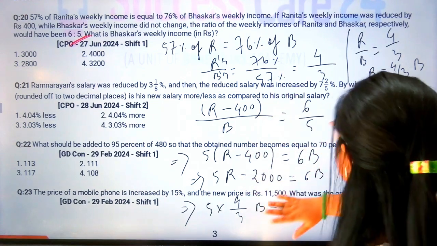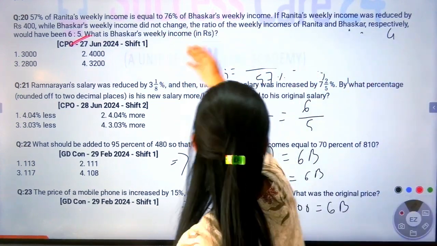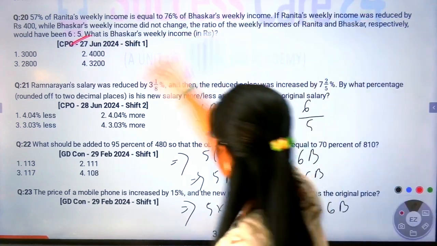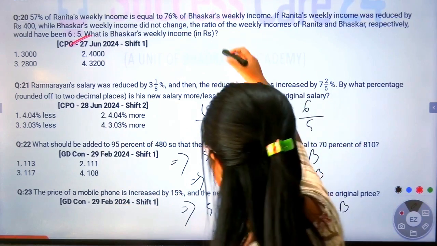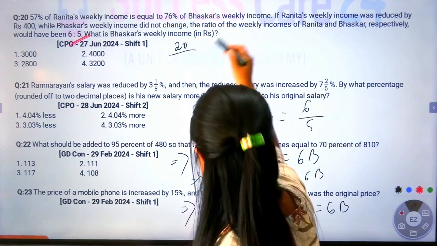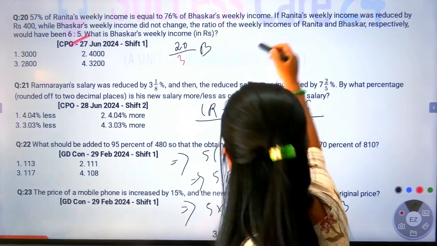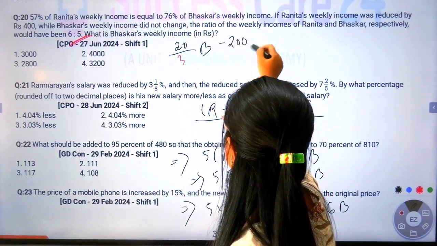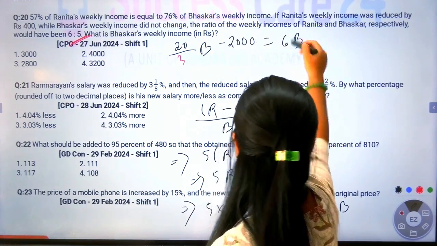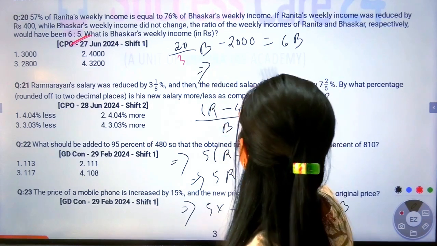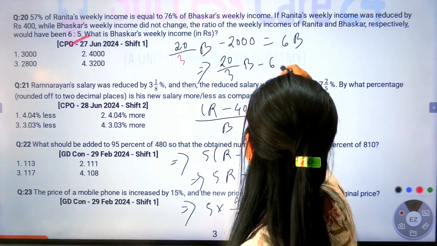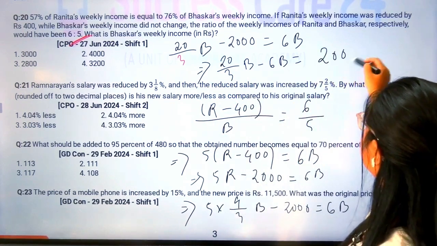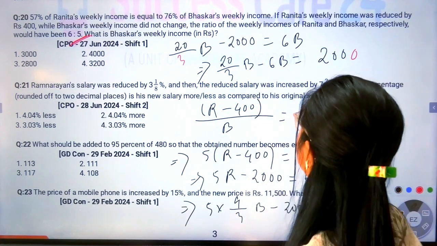I think till now you are getting what is asked to do. So if I proceed towards the next steps. So 5 into 4 is 20 by 3 B minus 2000 is equal to your 6B. So adjust the equation, keep B along this side and keep the numerical value on the other side of the equation.